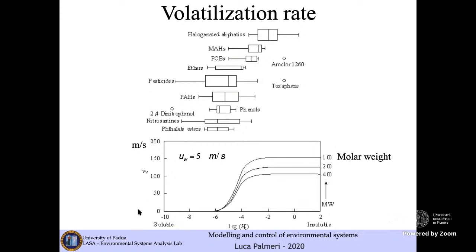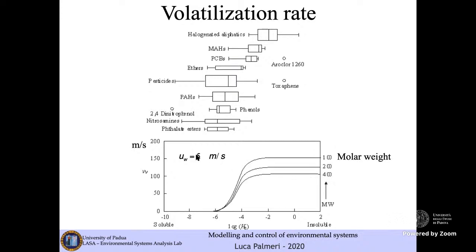So for soluble substances, we will have very low value of log Henry constant, while for insoluble substances, we will have very high value of log Henry constant. And in terms of volatilization rate, we have different volatilization rates that tend to a maximum volatilization rate in different ways, depending on the molar weight of the substance that you are studying.